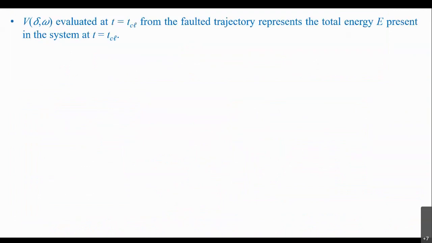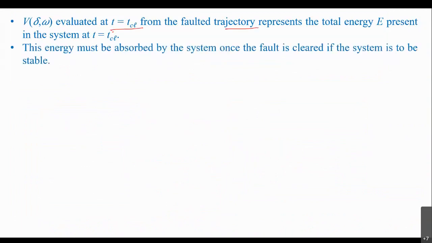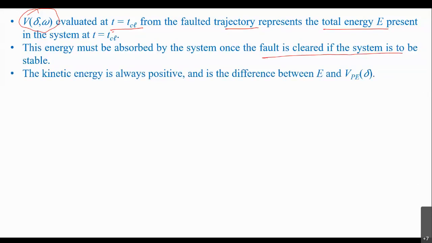So this V delta omega, that is the energy function, evaluated at t equal to TCL from the faulted trajectory, represents the total energy E. This energy must be absorbed by the system once the fault is cleared, if the system is to be stable.